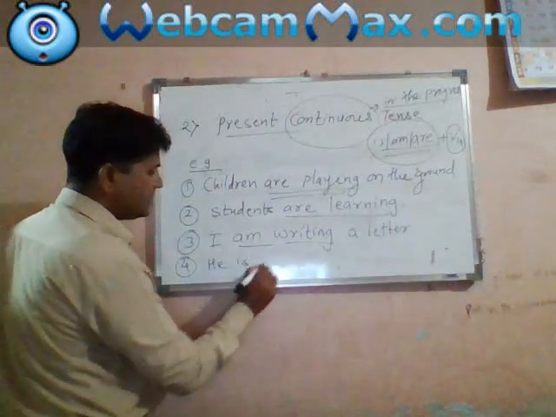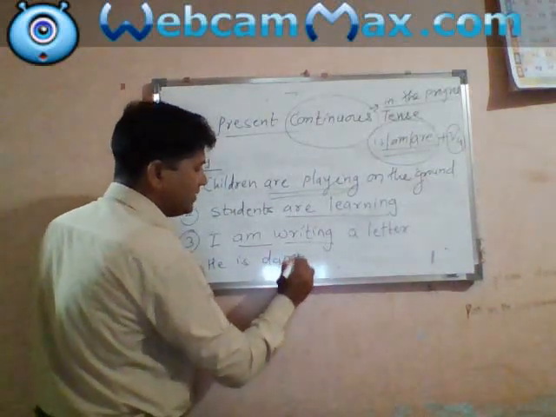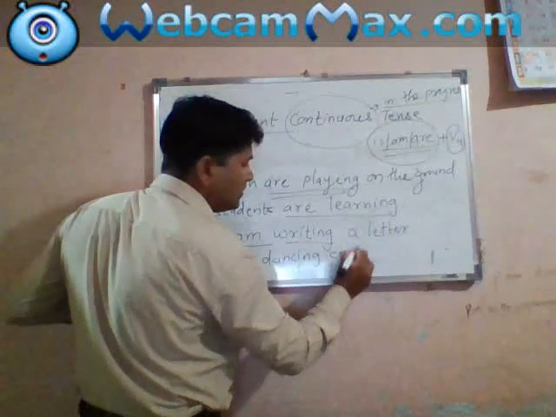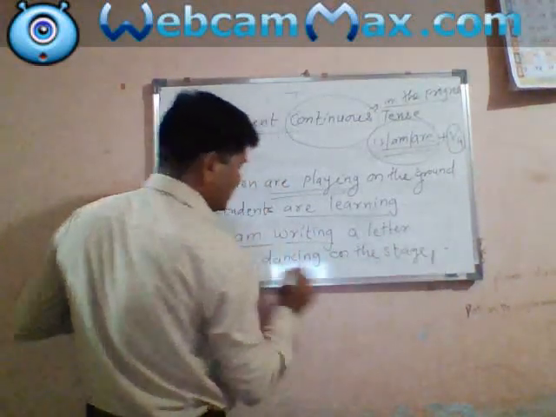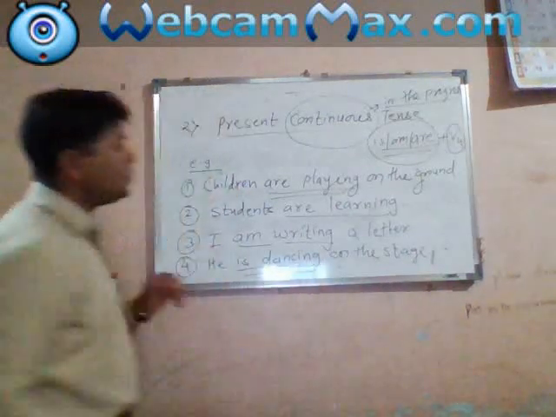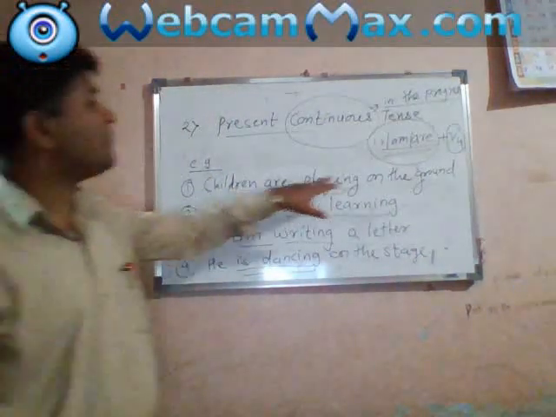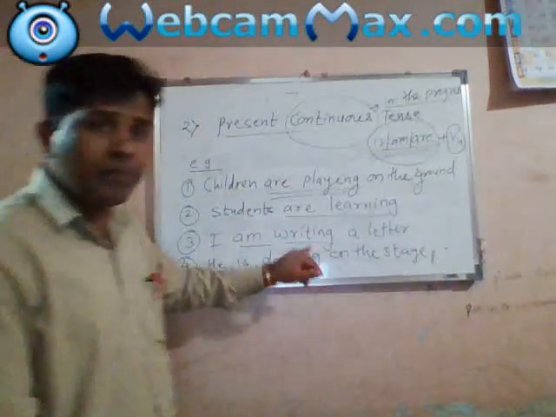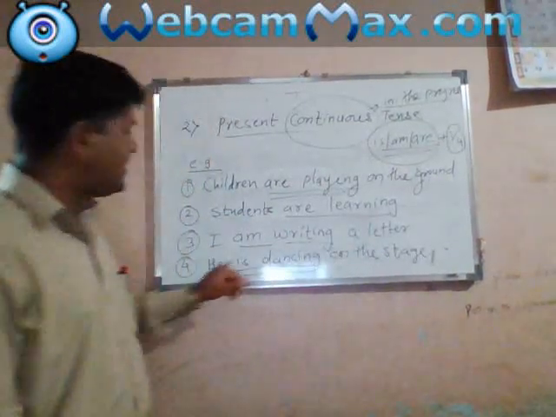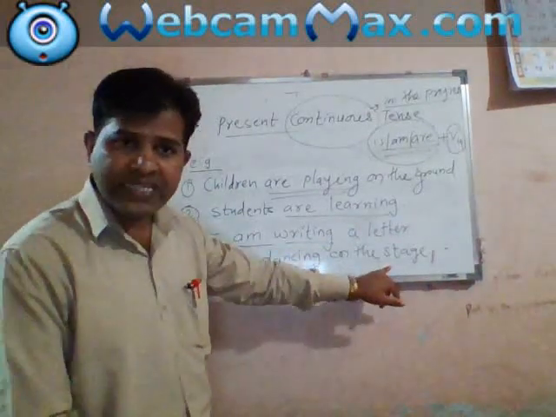He is dancing on the stage. So, is dancing. So here you see children are playing on the ground, students are learning, I am writing a letter, he is dancing on the stage.